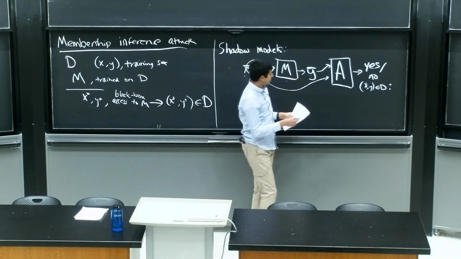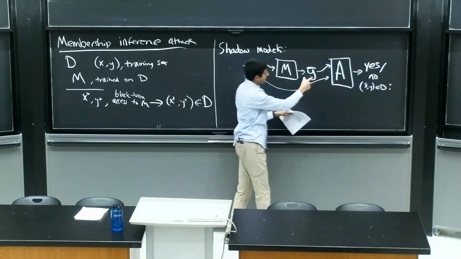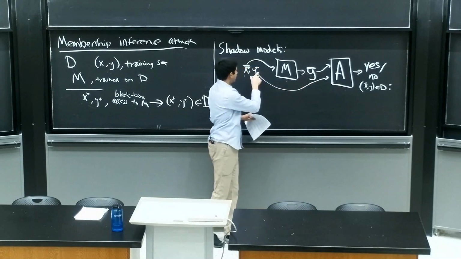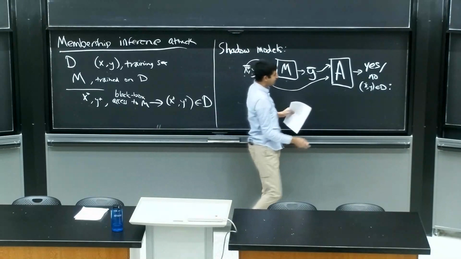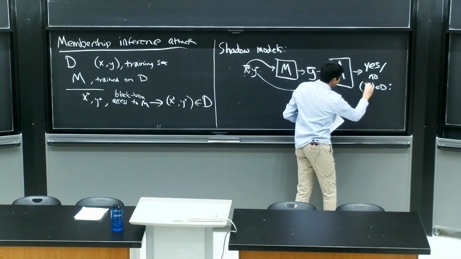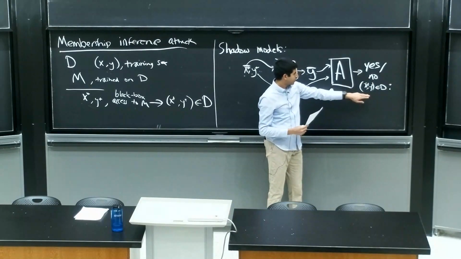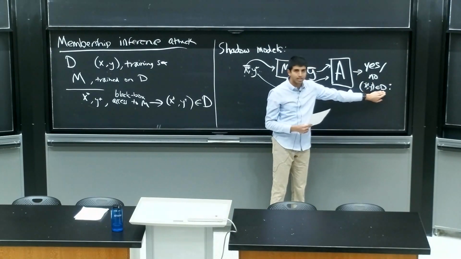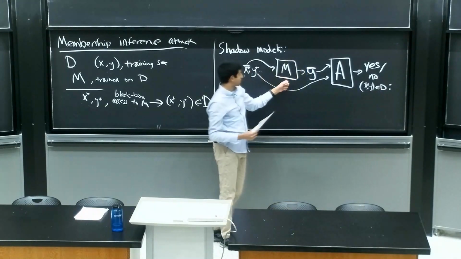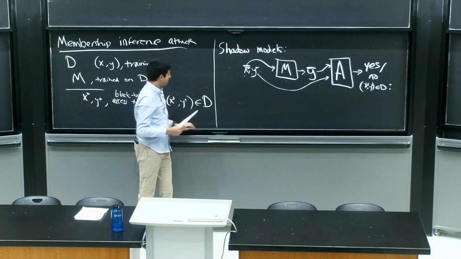Then we train a new model, an attack model A, that takes in this prediction vector and also the true label of the data point. It's a binary classifier that says yes or no: does this model believe that this data point came from the training set that this model was trained on? Does that answer the question? Yeah. So that's the overall setup.